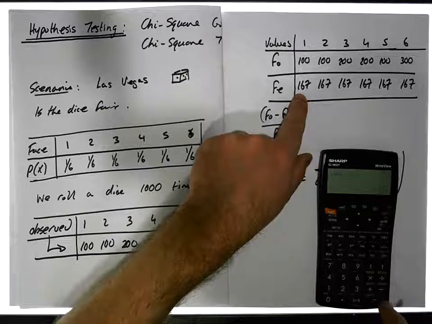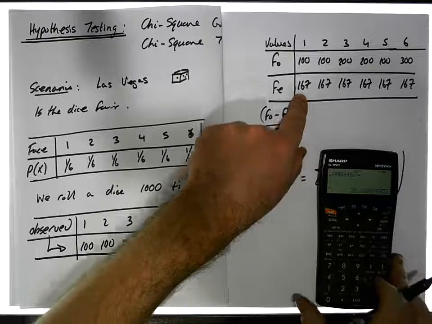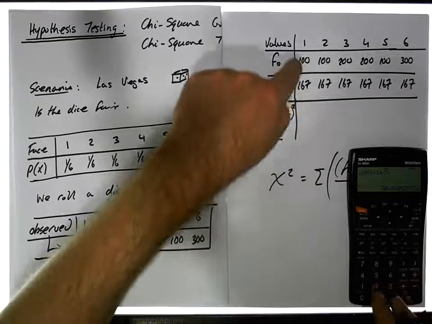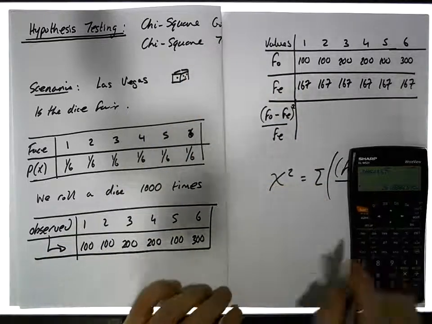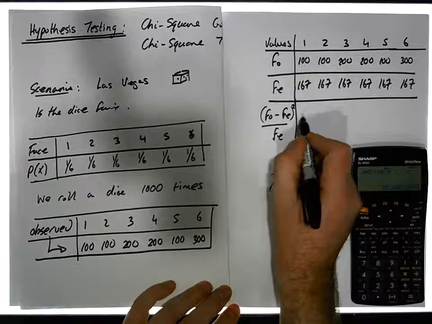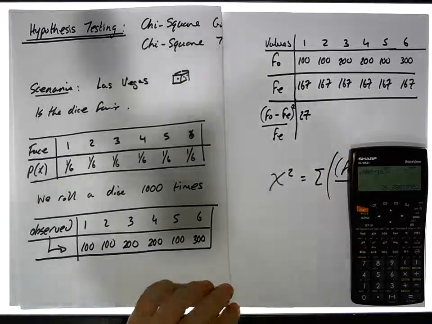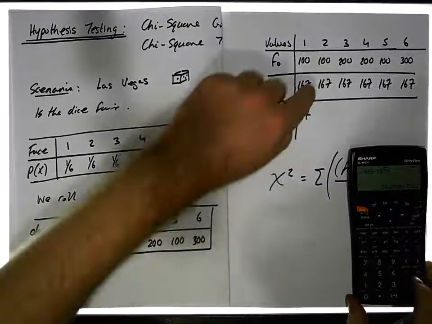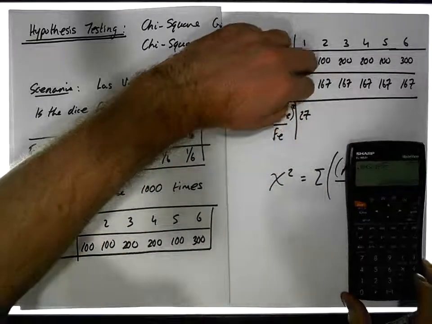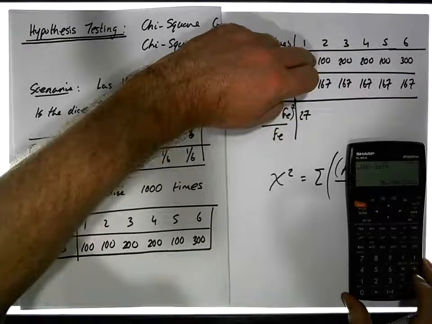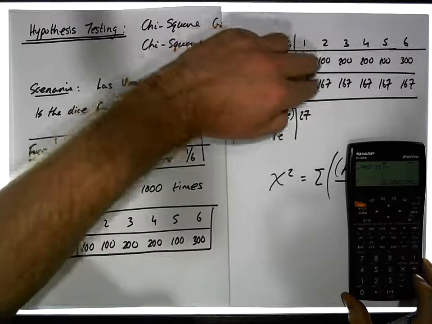Which now gives us that the distance between the observed and the expected is 26.8. Let's just say it's 27.